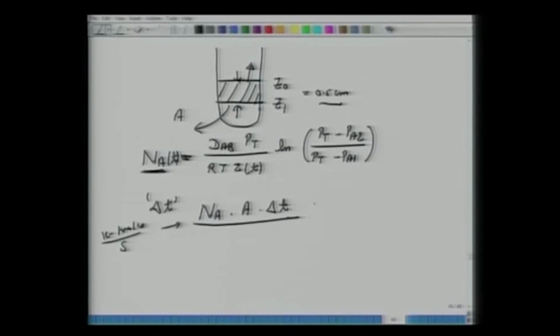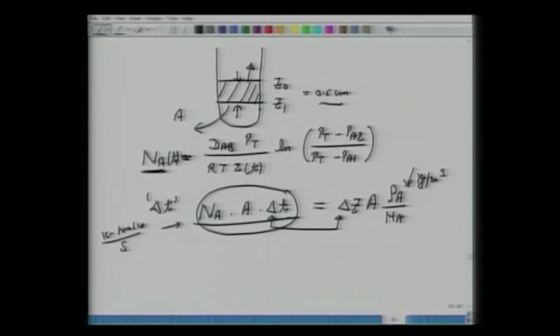This is nothing but how much level has dropped in this del T, which is del Z times area, giving the differential volume, multiplied by the density of ethyl acetate divided by the molecular weight to make it moles. Total moles of A evaporated over del T equals the quantity of ethyl acetate lost between Z0 and Z1.